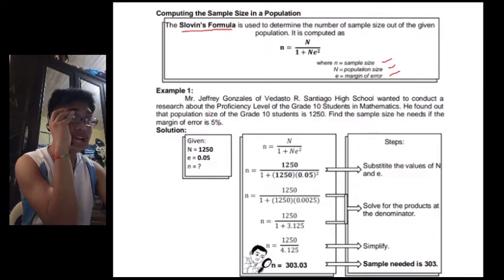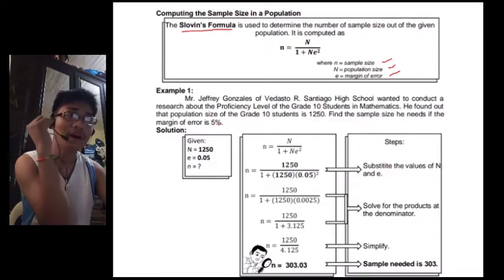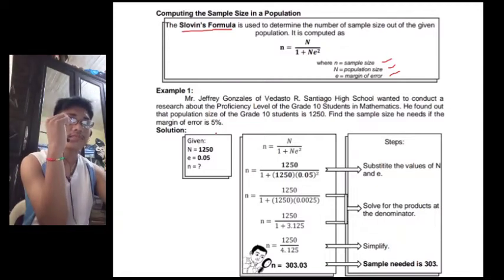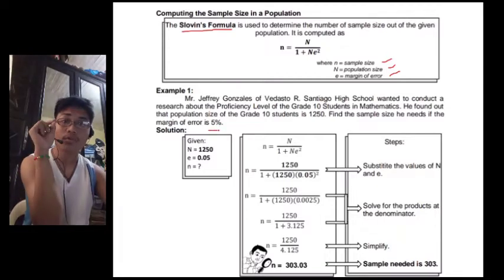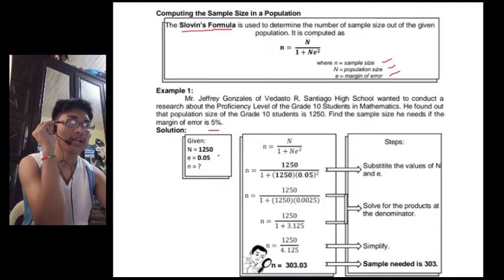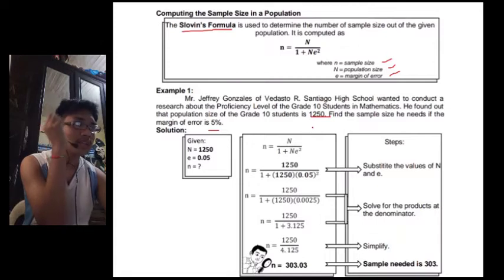Find the sample size he needs if the margin of error is 5%. The margin of error is the error in the population. So your capital N is 1,250, your population size.